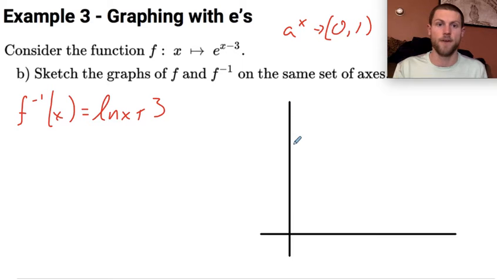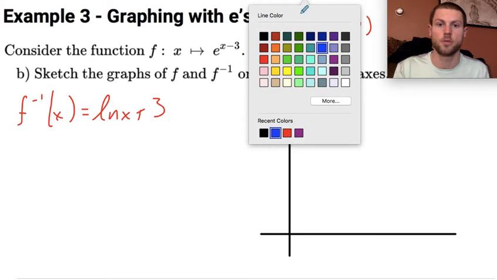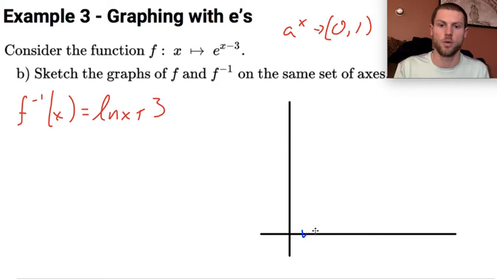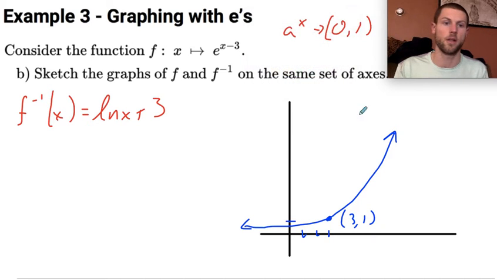So let's graph that. Let's do my f of x in blue. Here's blue. And I want the coordinate 3, 1. I consider this to be an anchor point, we might call it. So this is 3, 1, and my graph is going to look something like this. And f inverse of x is going to be my logarithmic graph, and that is the point 1, 3.